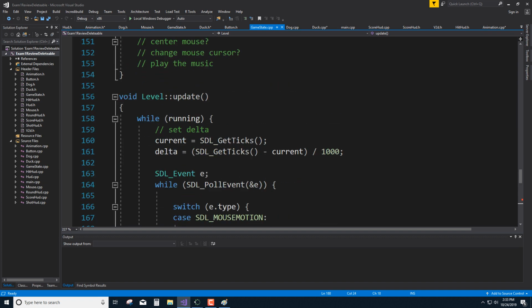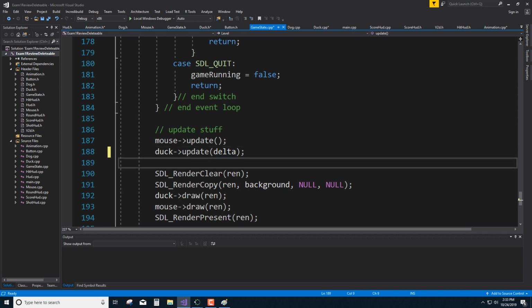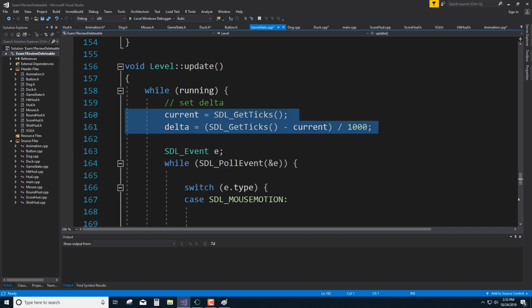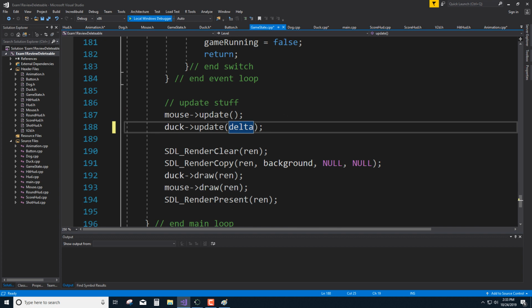Okay, yeah, there it is. This duck is going to need delta. There's still no animation though. No, there shouldn't be yet. We have to get it all fixed. Is delta available here? Delta is here. Right, we calculate delta here. So there's that. Now let's see if it works.